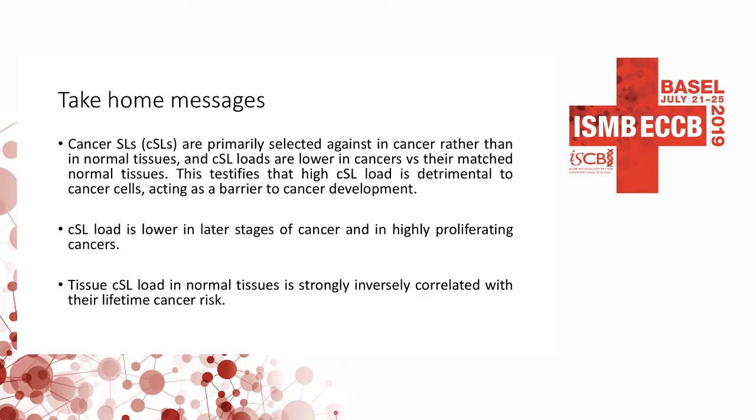It is also lower in more highly proliferating cancers, showing that it's a detrimental mark in cancer. We find that tissue CSL load, this is our important result, is strongly negatively correlated with lifetime cancer risk, which implies that if a particular tissue has a high CSL load, it is less likely to develop cancer.